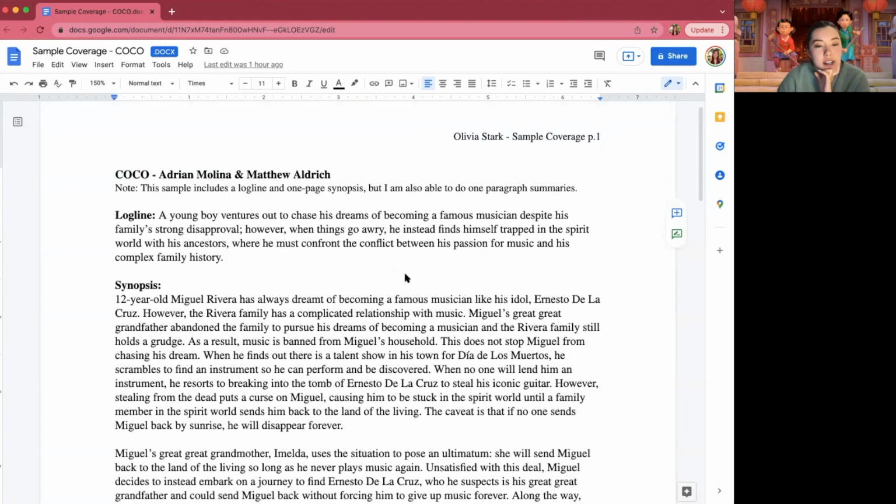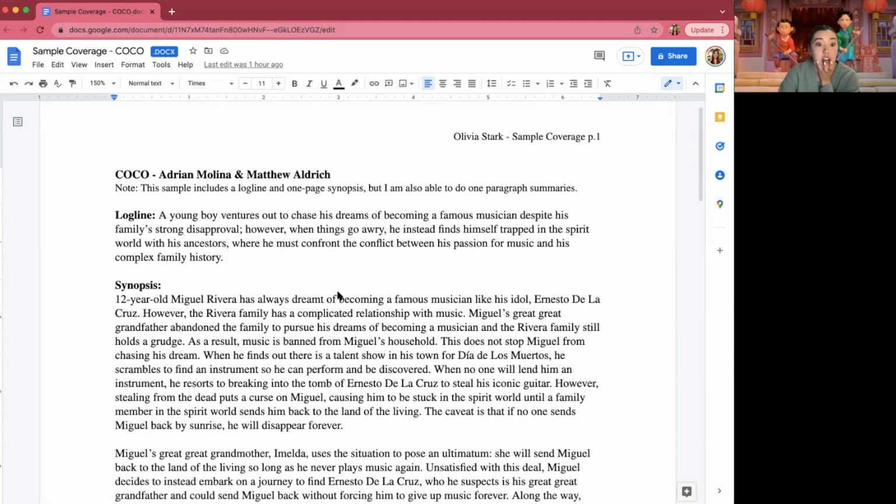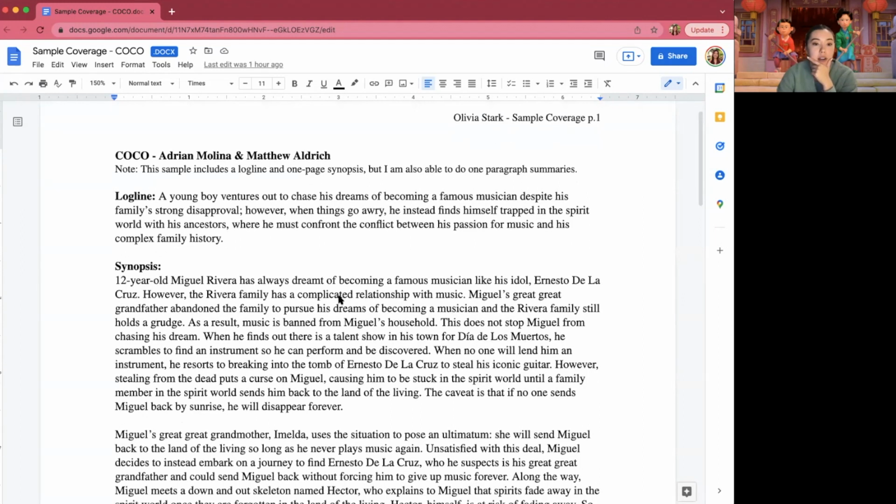So then I didn't do a one paragraph summary here, but for that, I would pretty much follow the same thing that I would to make a log line, but you can just flesh it out a little bit more. Then if you're doing a whole page synopsis, that is where you can get really fleshed out.